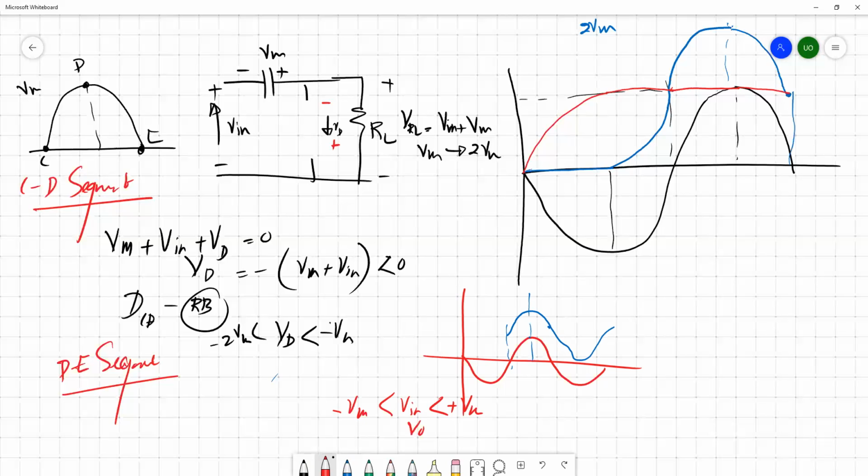Your output is basically more between C. So it's simply clamped at Vm. So it's at a DC offset of Vm to the input.